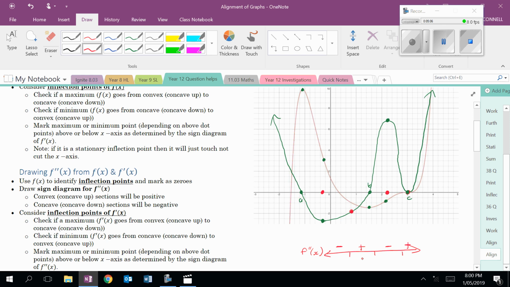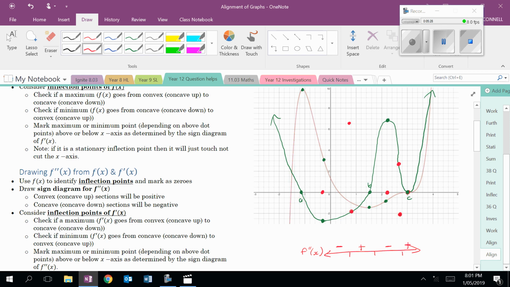And in this region, the second derivative is above, so it'll be a maximum somewhere around about here. And then there'll be another inflection point around about there, and this time it's going from concave to convex. And in this region we can see that it's below the x-axis, so it's creating some sort of minimum there.